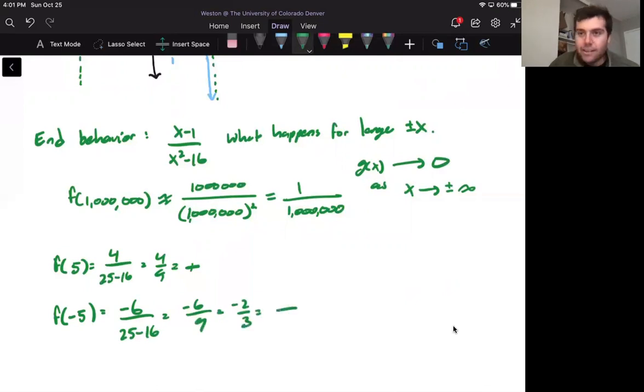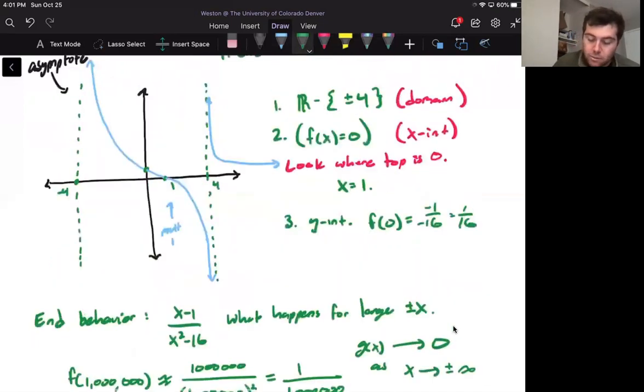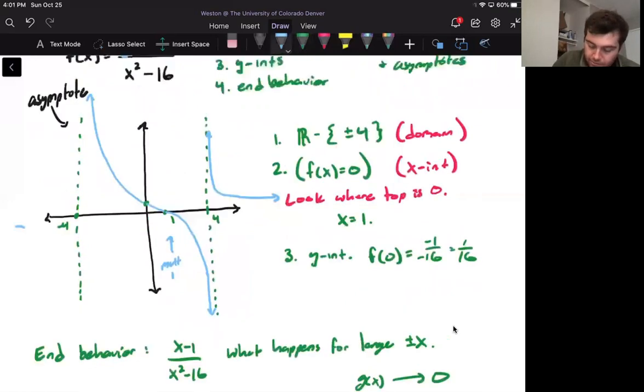Regardless, the takeaway is that it's negative. So we're still negative on this other end. And so we get pushed along the asymptote there and trend out to 0 as we go far out to the far negatives. And that's what the graph of our function looks like.